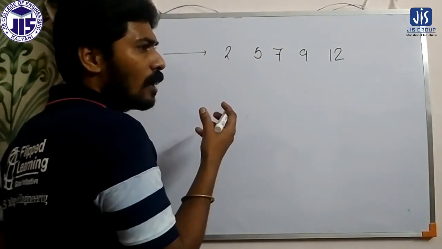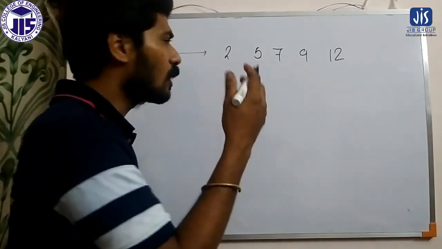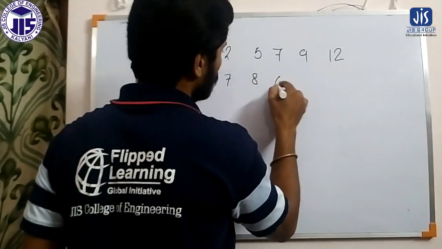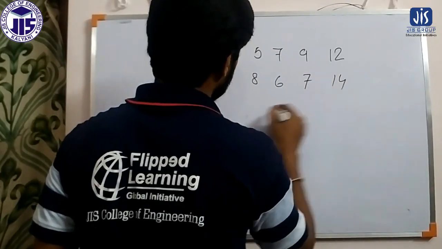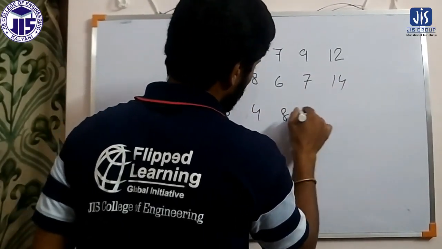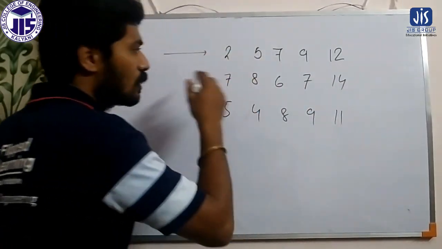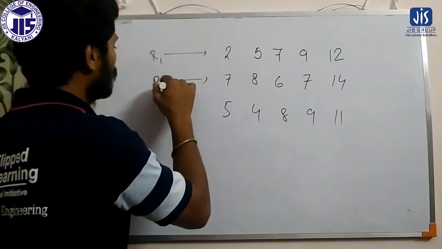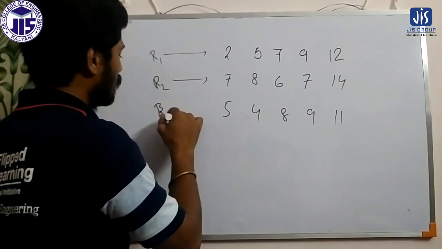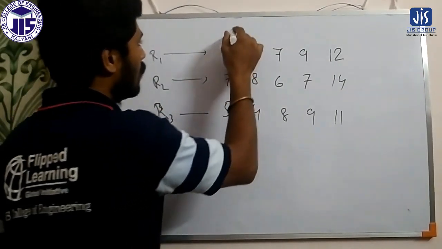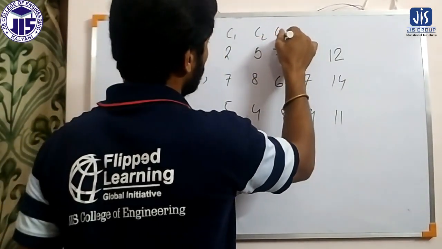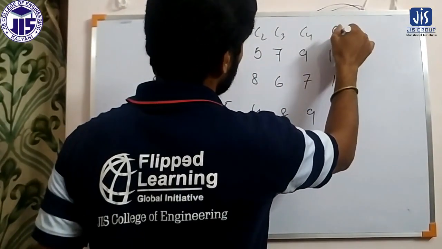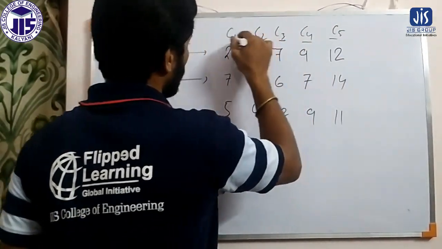Two-dimensional array means where the number of rows and number of columns both are multiple. So this is a two-dimensional array where you can see we have three rows and multiple columns.